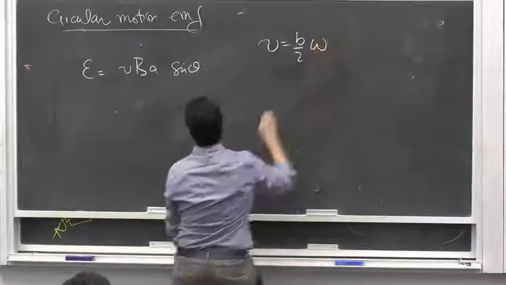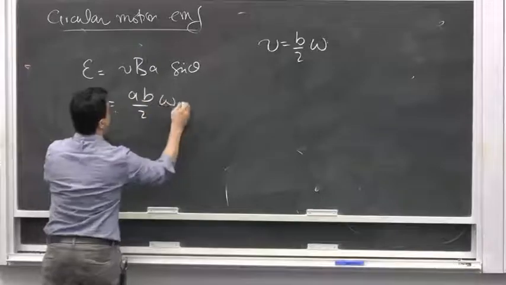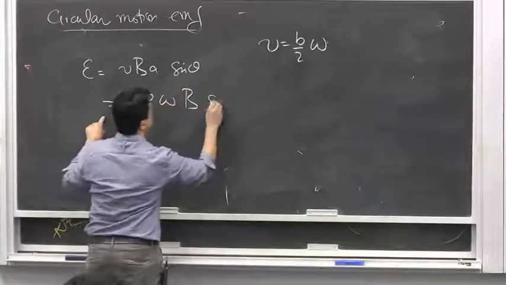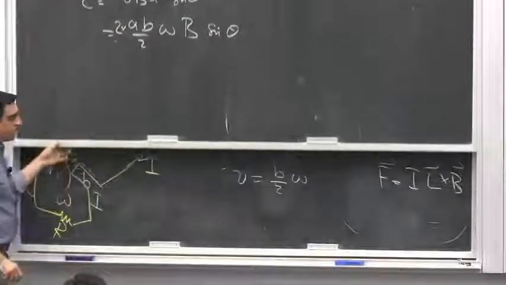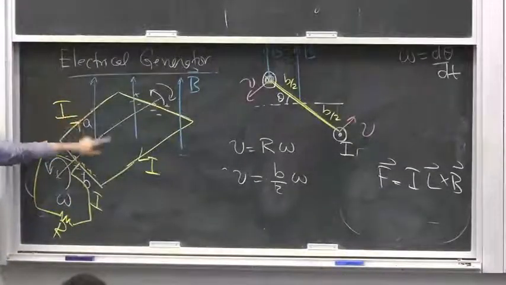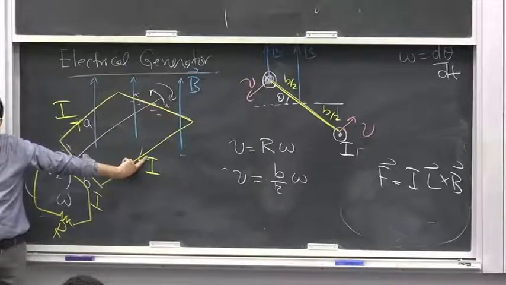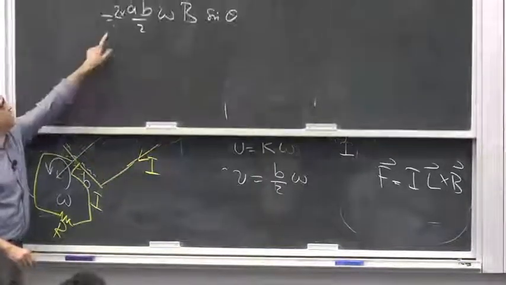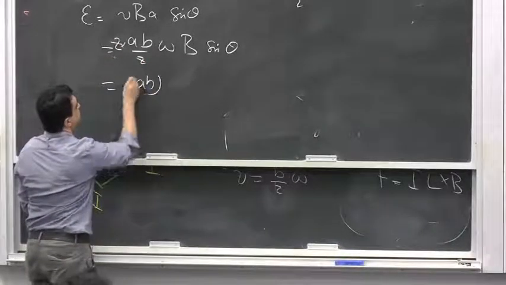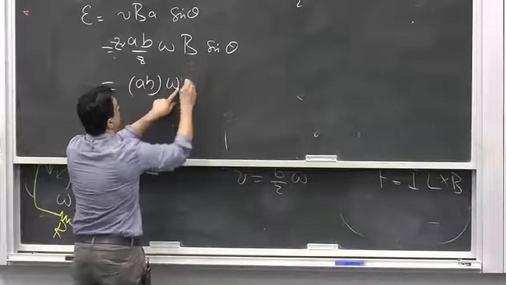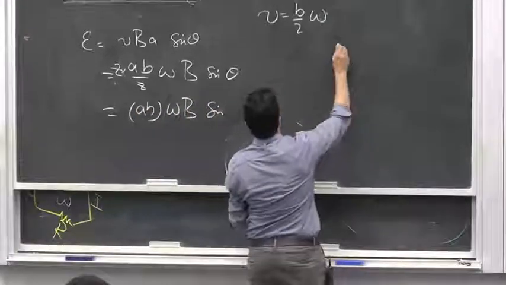V is B by 2 omega, so this would be equal to AB by 2 omega B sin theta, and I multiplied by 2 because I have a current through this wire and a current through this wire. So EMF is produced here too, EMF is produced here too. So you have to multiply a 2 here. So the 2 cancels out, and what you have is AB omega B sin theta, and what is omega?